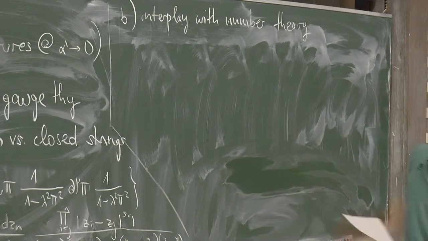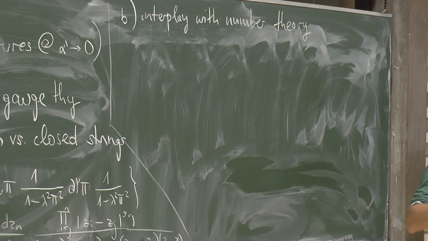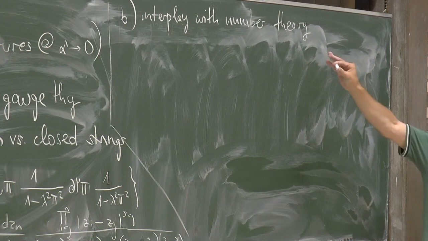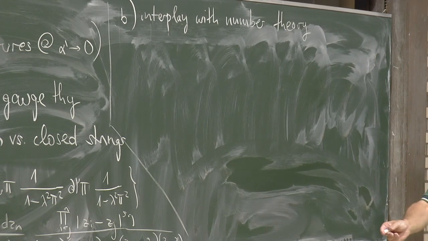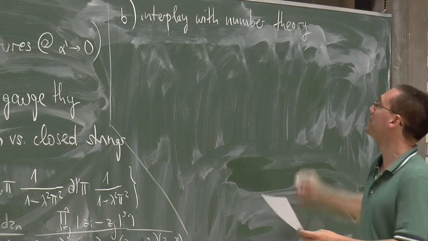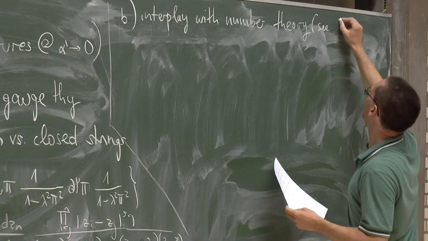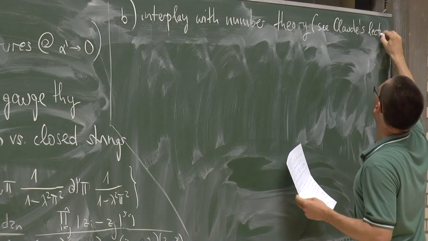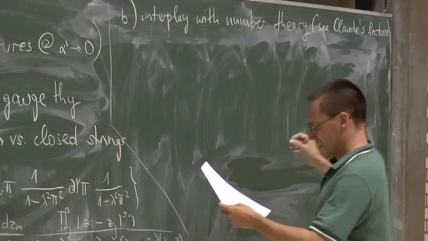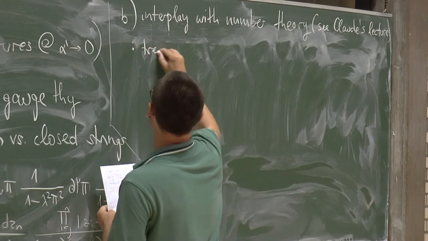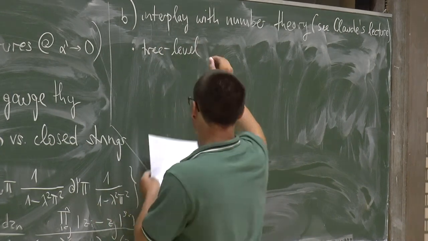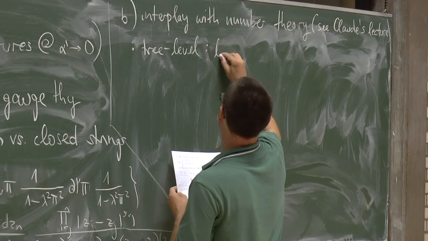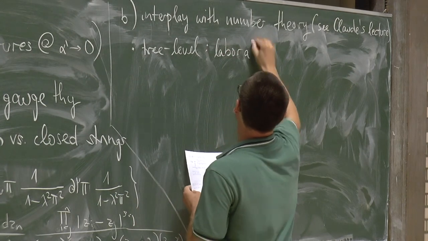Okay, about these number theory aspects, I'm really lucky that there is Claude lecturing on Thursday several times. So I guess much of what falls into this category will be explained by Claude on Thursday. And as you have already seen in a 4-point example, string tree-level amplitudes are a good laboratory for zeta values.